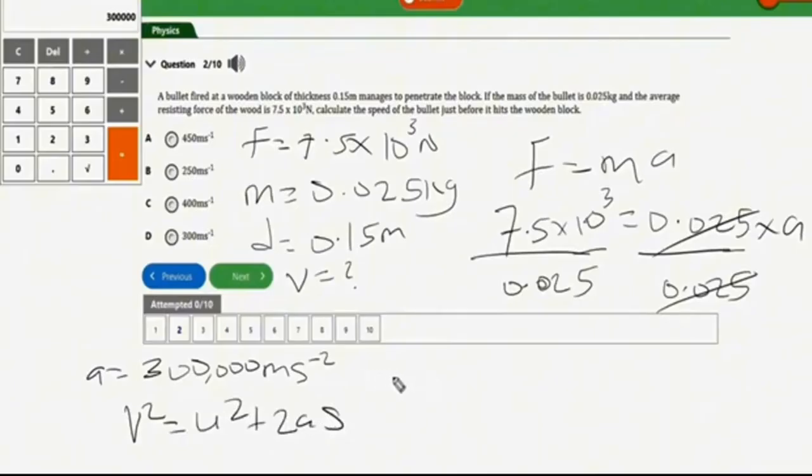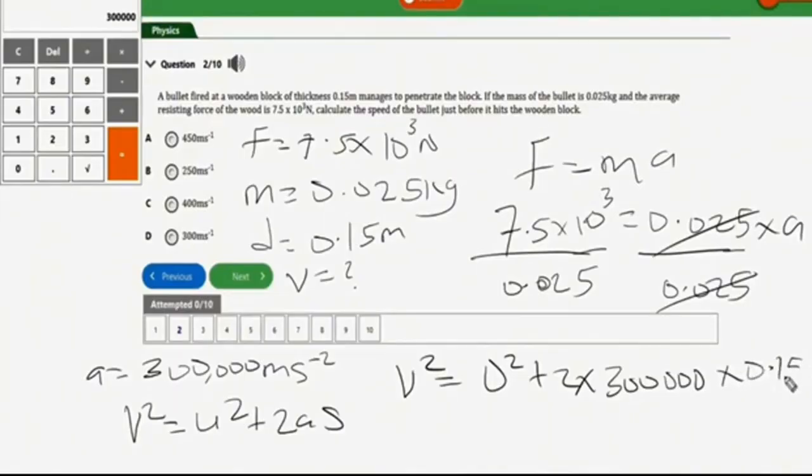We're looking for the final velocity. It will be v squared equals our initial velocity u, which is 0, squared, plus 2 times our a, which is 300,000, times our distance, which is 0.15. 0 squared is 0.